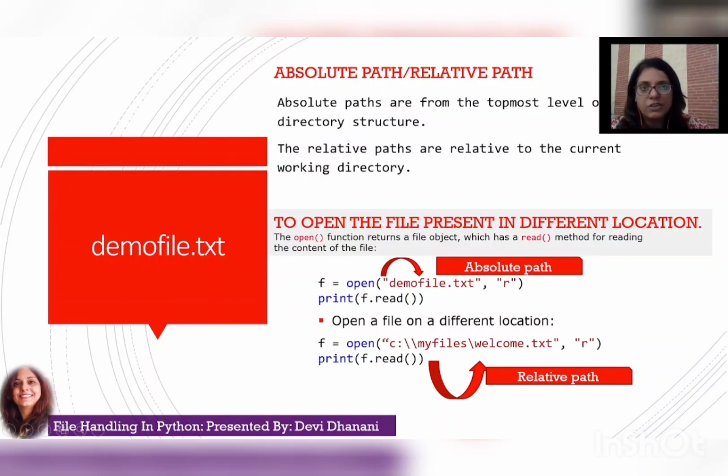Now what happens over here is the demo file.txt is in the same folder where the program is stored. So that forms the absolute path. Now in case your file is in some other location, relative to the current working directory, you will have to specify the complete path over there, and that is called the relative path.